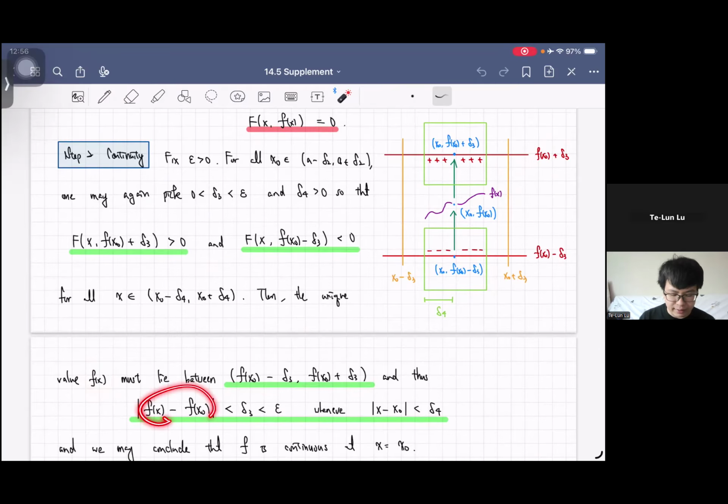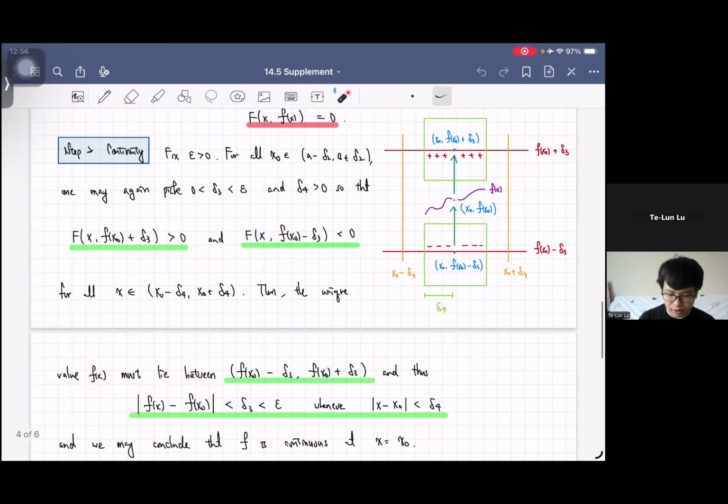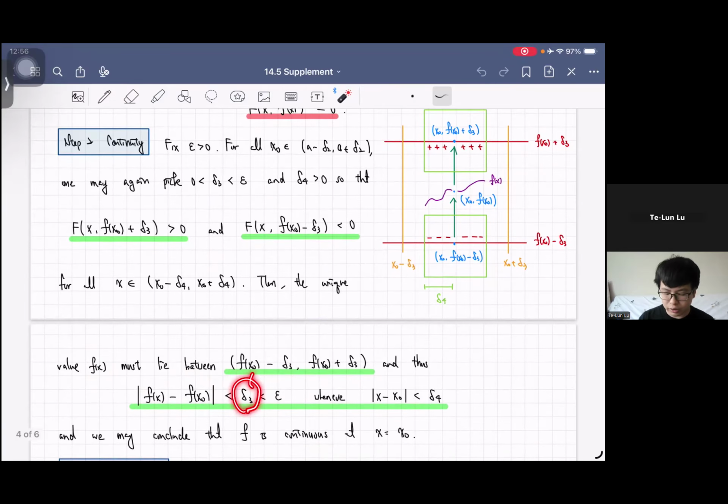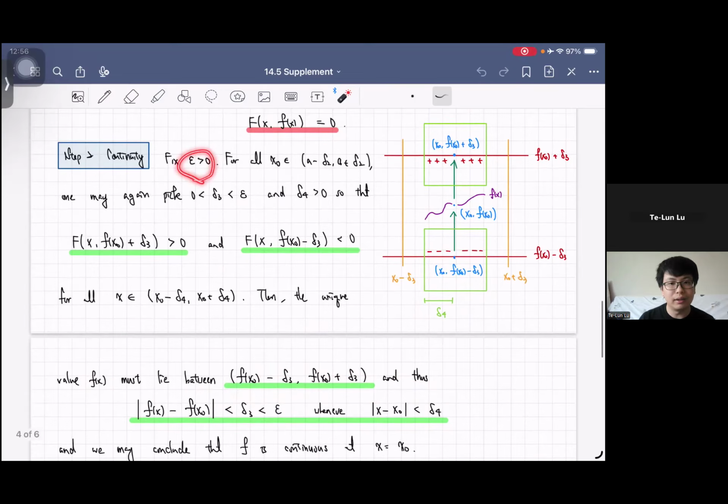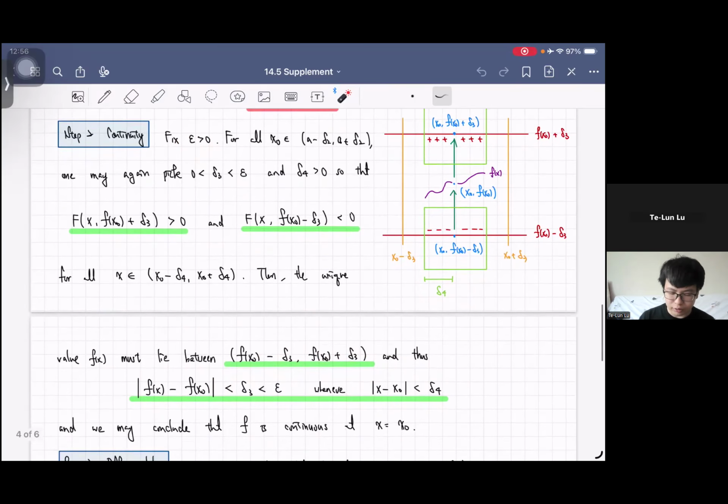So that basically means that f of x minus f of x naught is always less than delta 3, which is chosen to be less than epsilon whenever x minus x naught is less than delta 4. So this is the corresponding associated threshold to epsilon. Since the epsilon here is arbitrary, we have shown that the function f must be continuous.